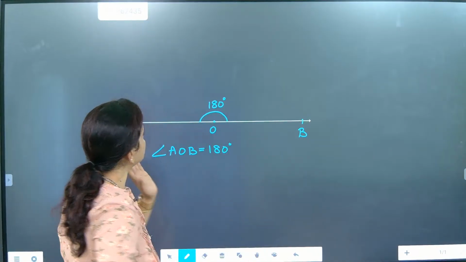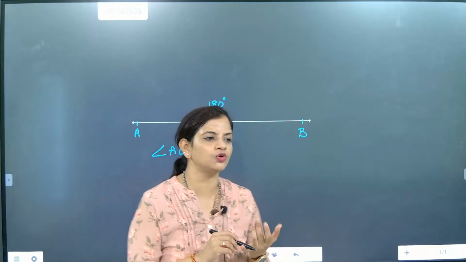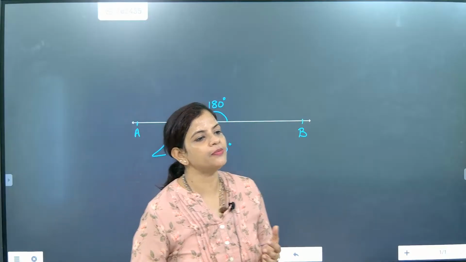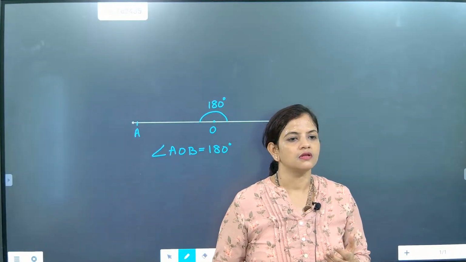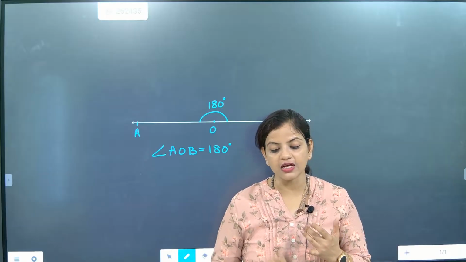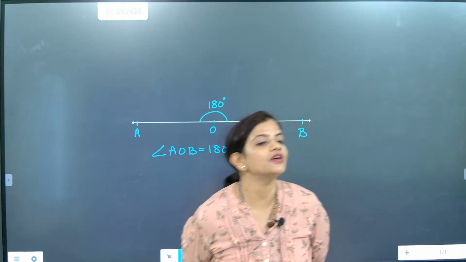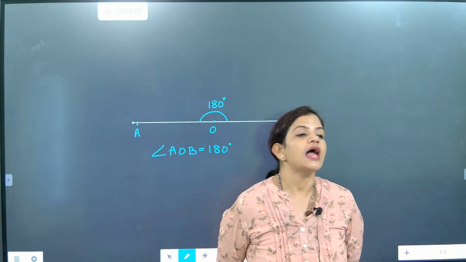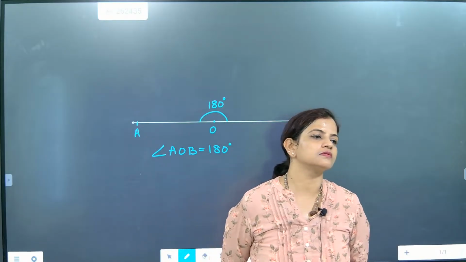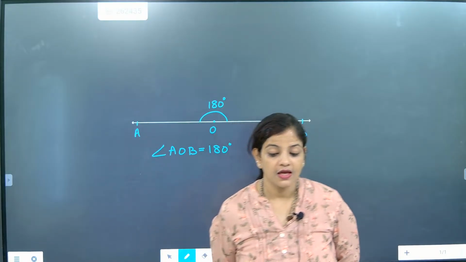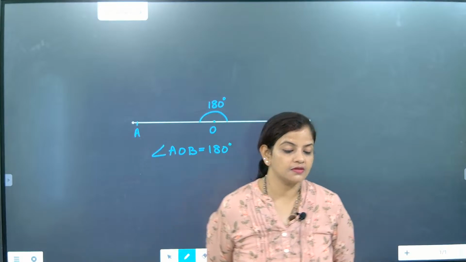Now come, see. Till now we have understood acute. Can you tell me the limitation of an acute angle? 0 to 90. Absolutely. And a right angle? Exactly 90 degrees. Very good.